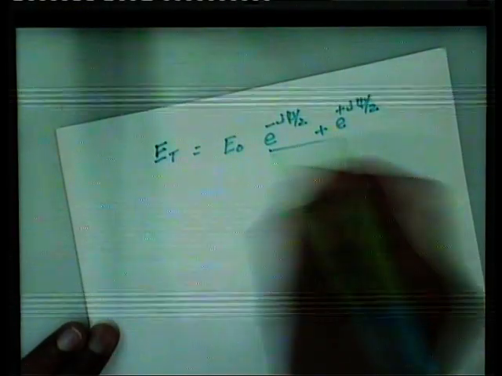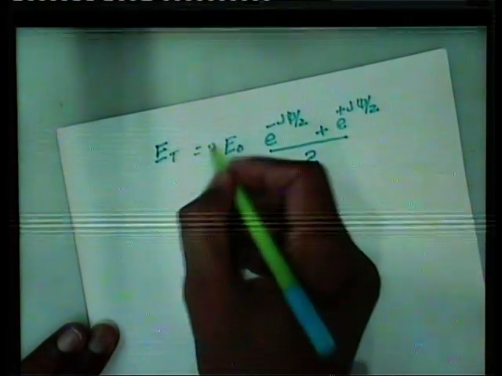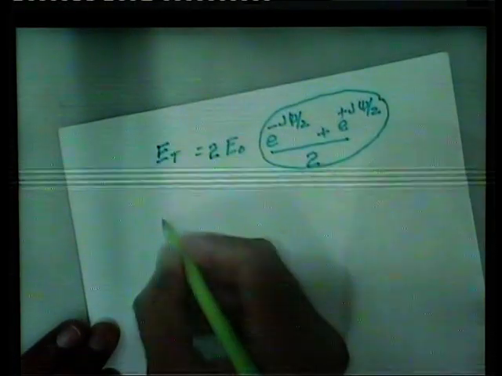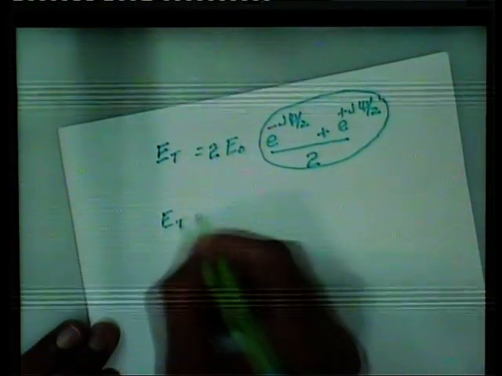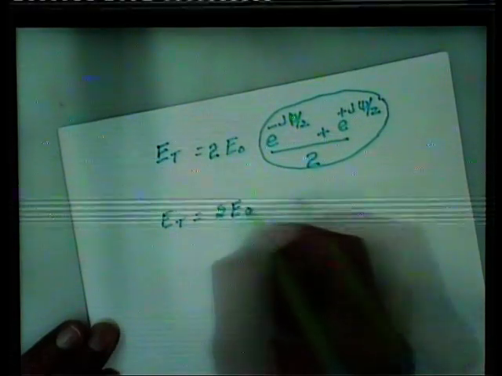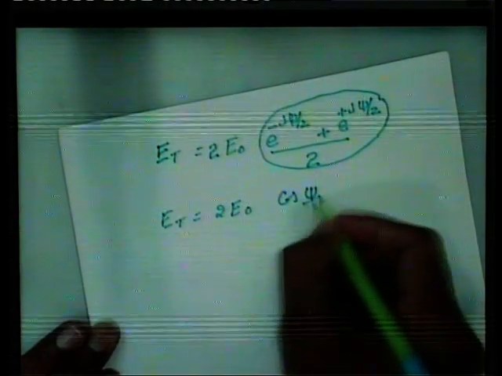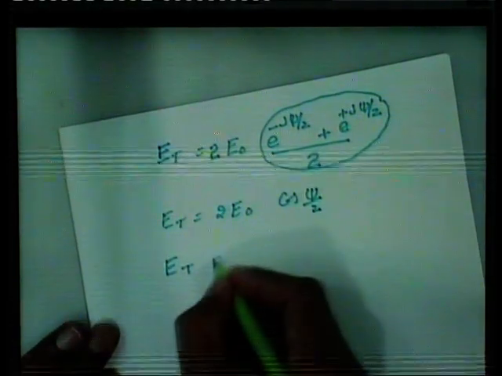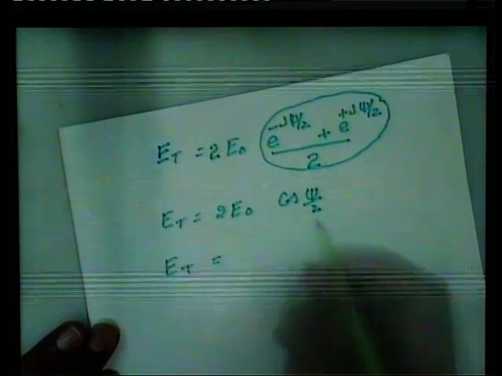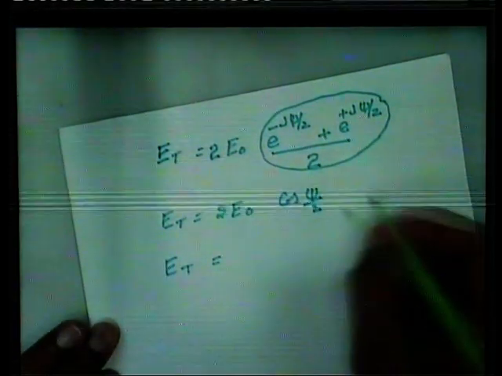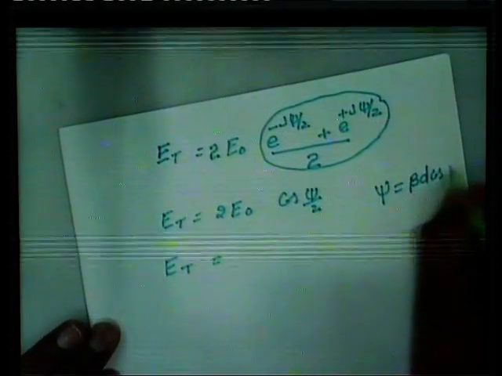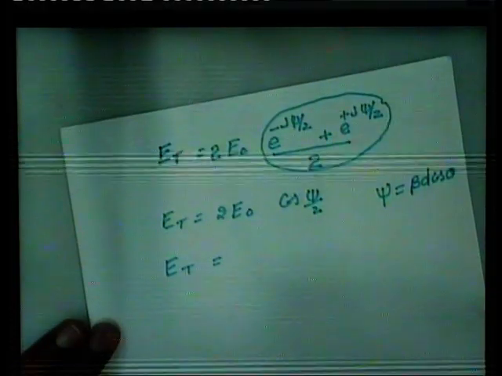Now we will divide by 2 and multiply by 2. This is the standard formula. So E total equals 2 E naught cos psi by 2. So the total field at point P will be equal to 2 E naught cos psi by 2, where psi equals beta d cos theta.